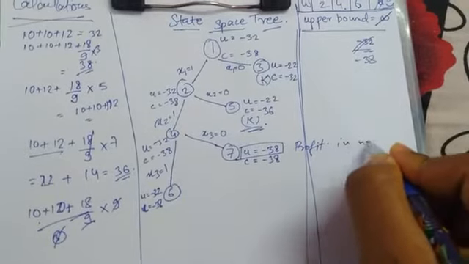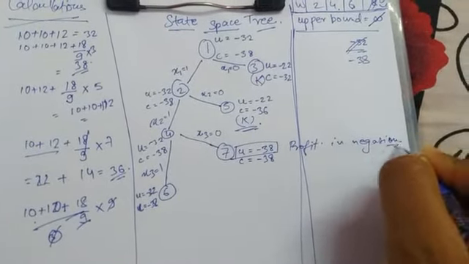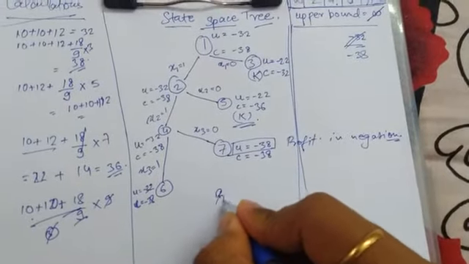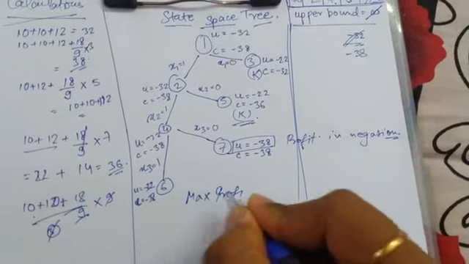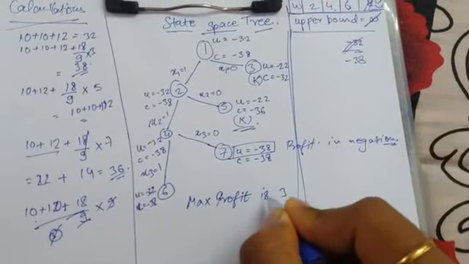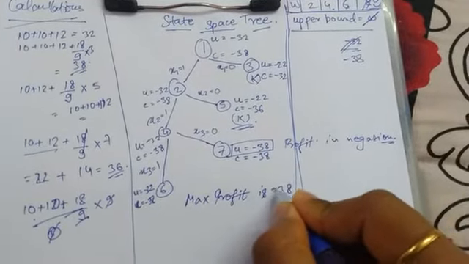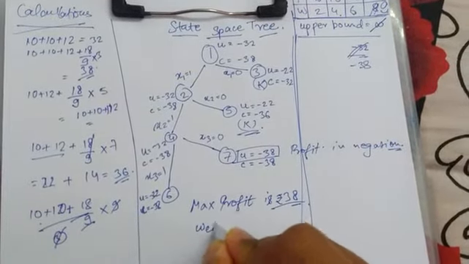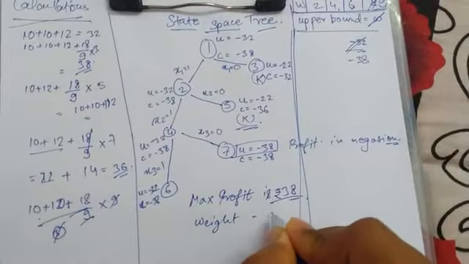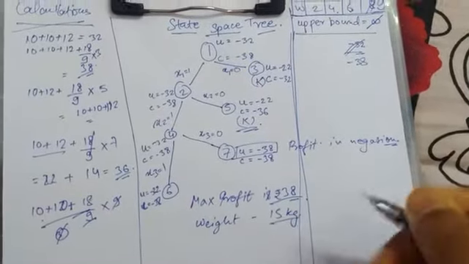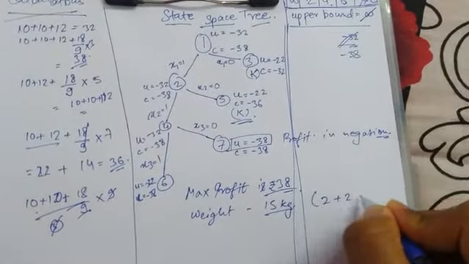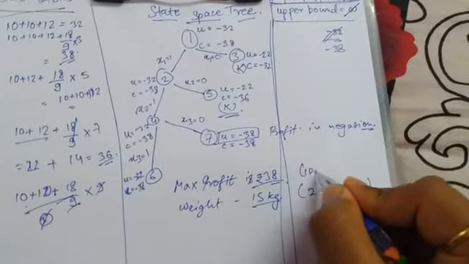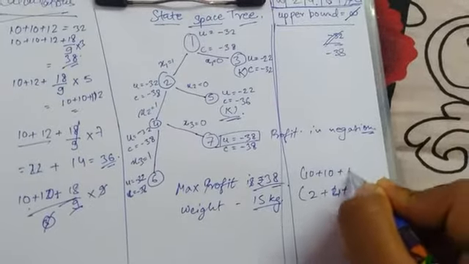in negation. So we will negate this again to convert into maximization. So our maximum profit is 38 rupees, and the weight we are putting in is completely 15 kilo, right? 2 plus 4 plus 9, and the profits are 10 plus 10 plus 18.